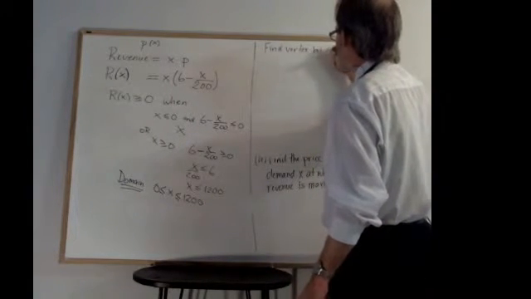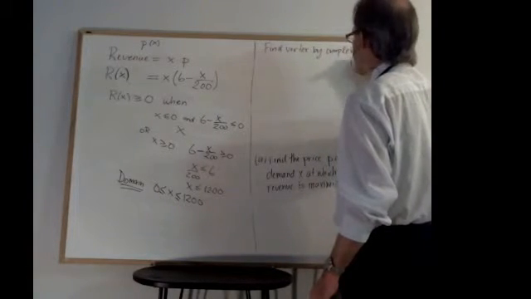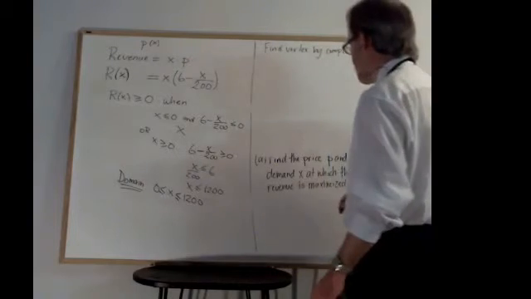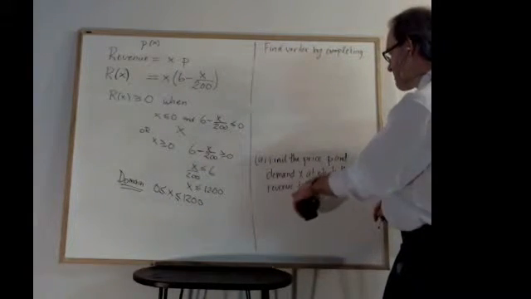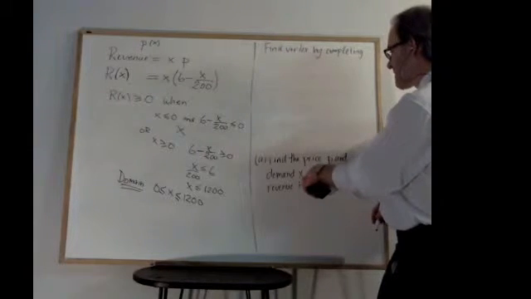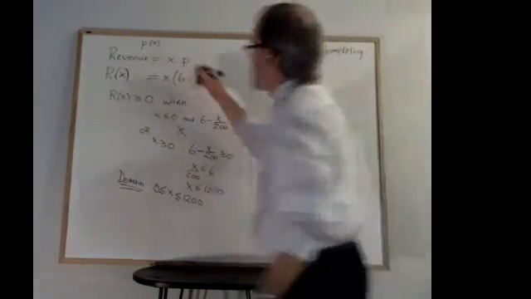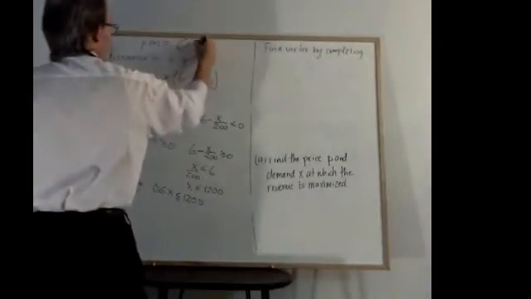So the vertex is what we want for this parabola, because that will tell us what the actual maximum value is and which x value will give us that maximum, and also from x we can determine the price. The price function is given by this.